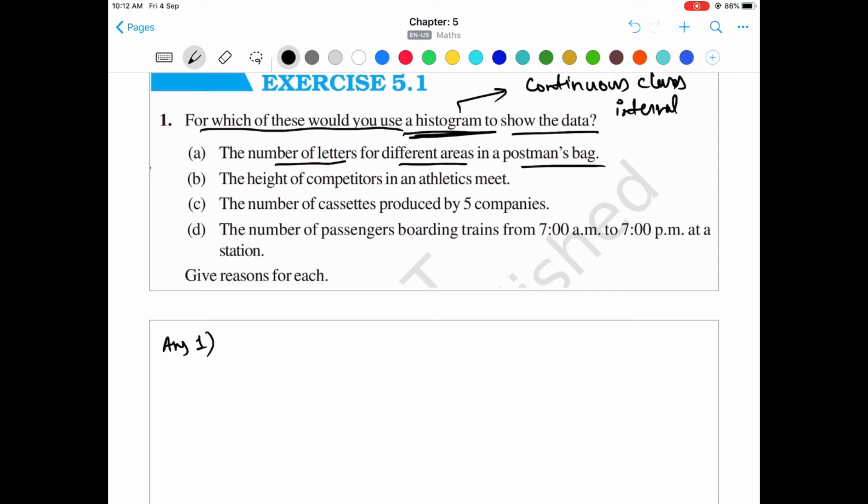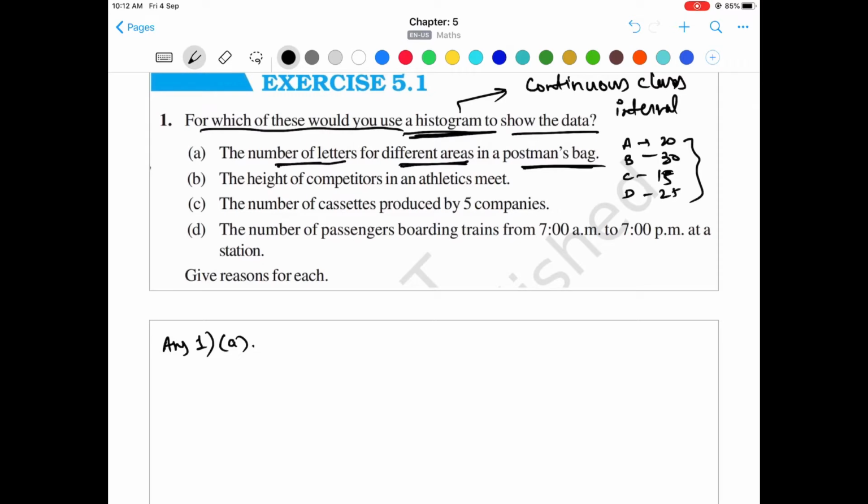Let's write the answer here, part A. Suppose there are 4 localities, say A, B, C and D. For these, the postman has certain numbers of letters: 20, 30, 15 and 25. So these are the number of letters the postman has for 4 different localities.